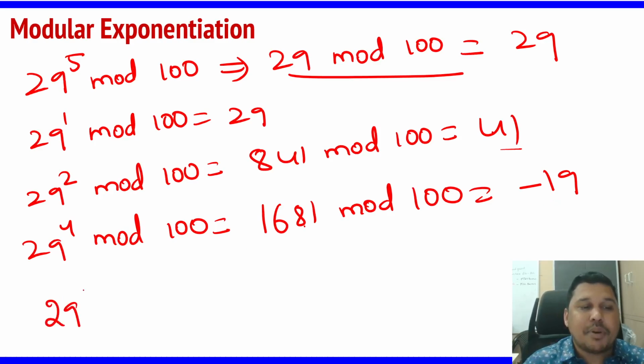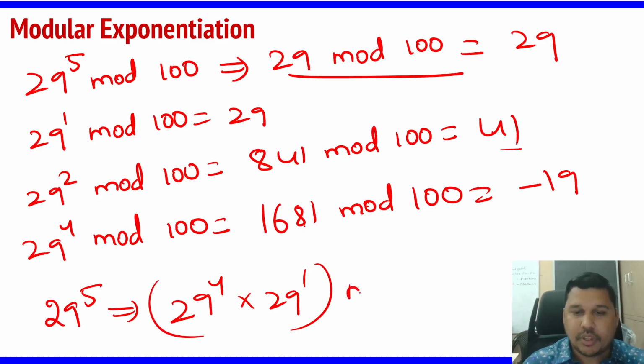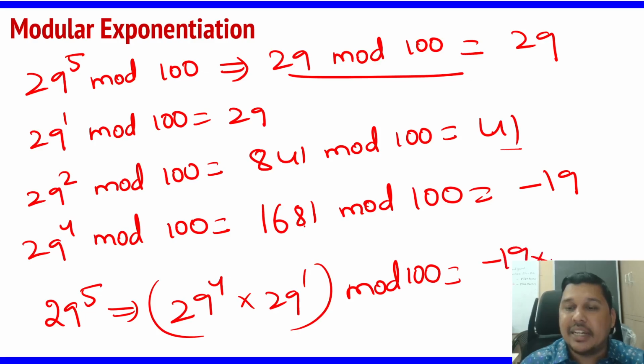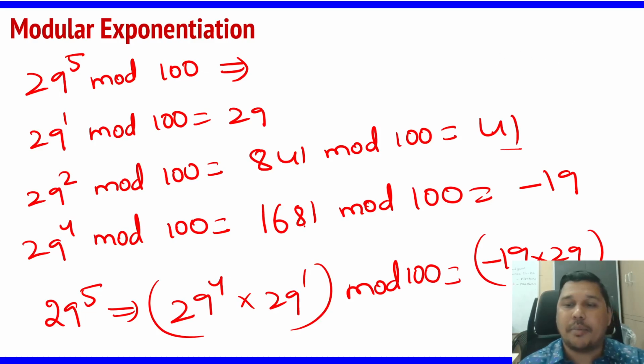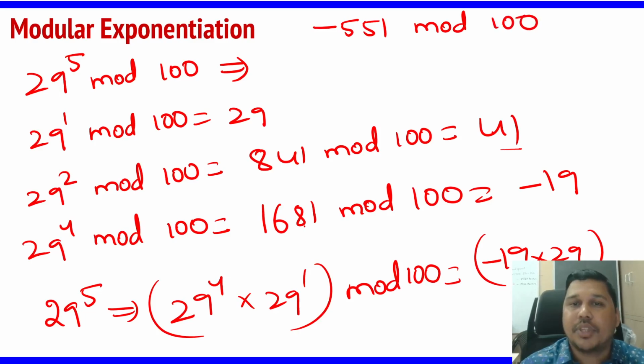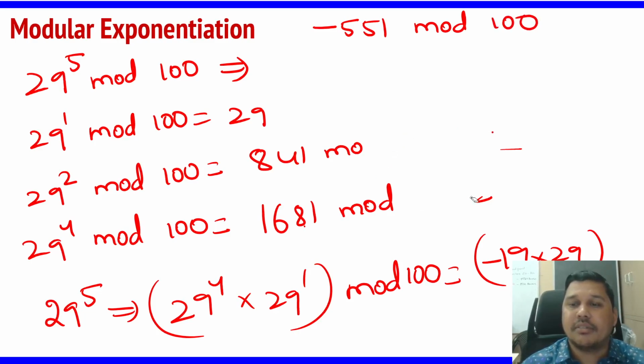Now 29 power 5 can be written as 29 power 4 into 29 power 1 mod 100. So 29 power 4 is minus 19, into 29, whole mod 100. If you calculate minus 19 into 29, it is minus 551 mod 100.